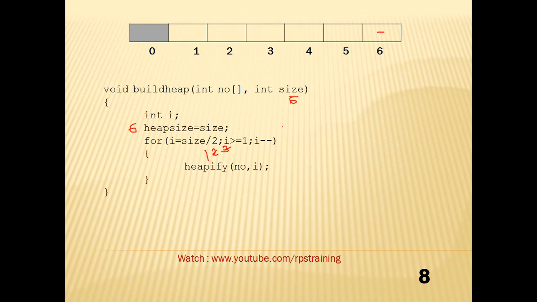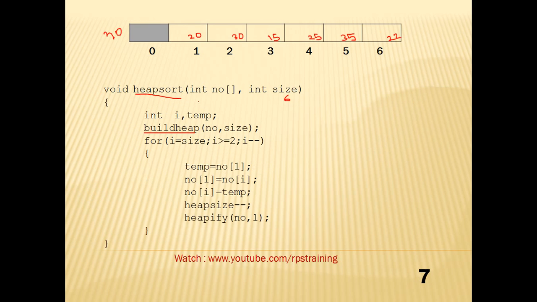Here, i minus minus: i was 1 and it will be 0, 0 greater than or equal to 1, the condition is false. This loop ends, and control will go back to where you called build heap. We called it from here, so it will come again here.